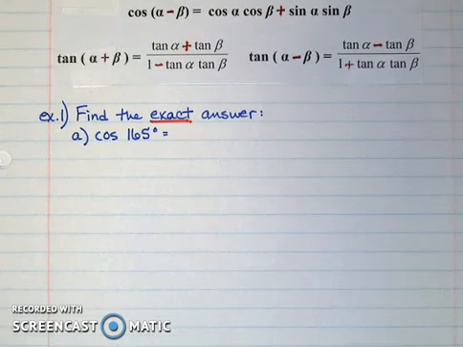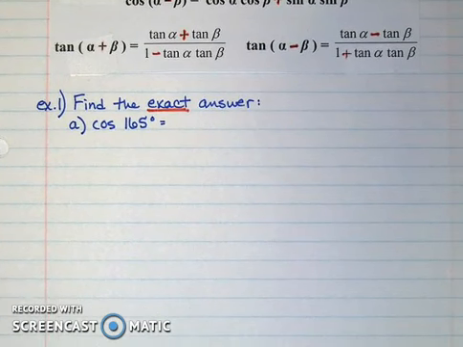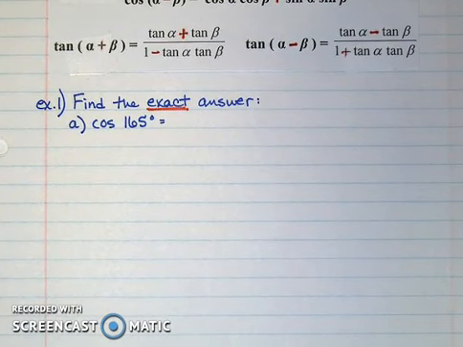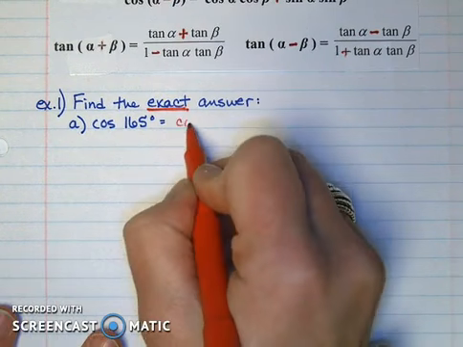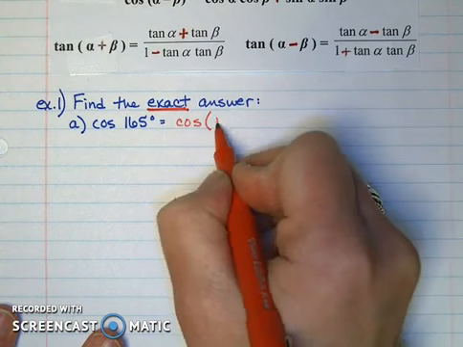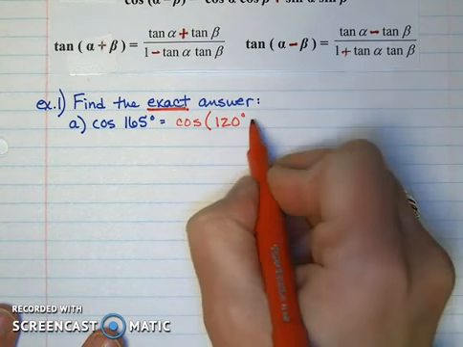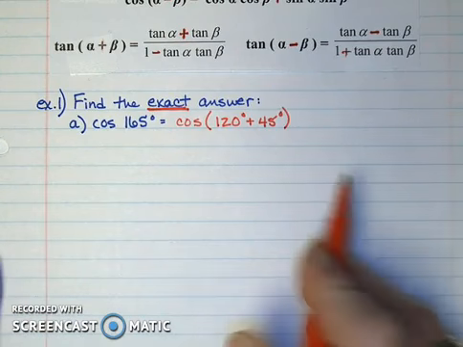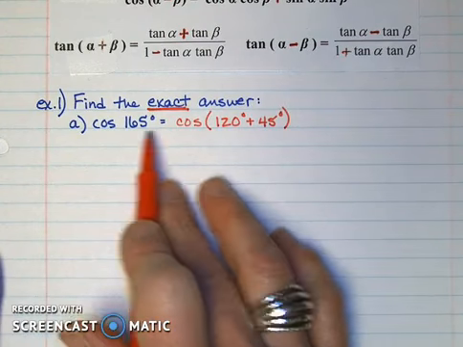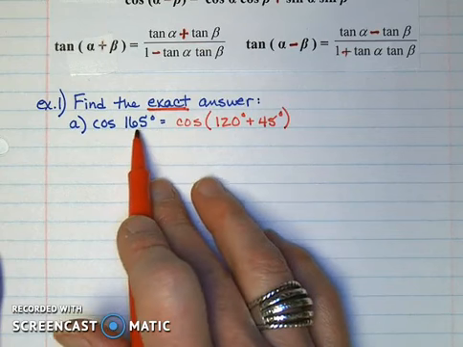So we need to expand it, and we need to find some values on the unit circle that add to 165 that we do know. I'm going to pick the cosine of 120 plus 45, because I know both of those. You can arbitrarily pick values that add up or subtract to the value that you need.